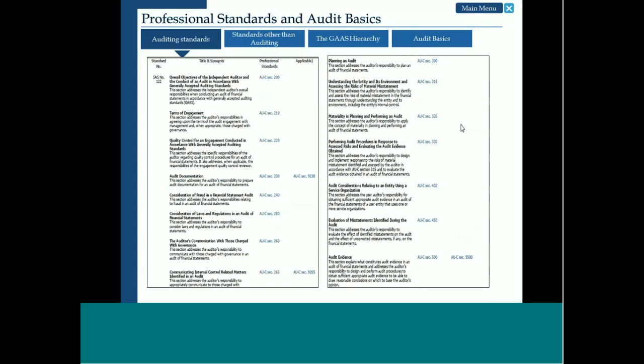This is how it would be available on your AICPA site. You can get all the auditing standards from the AICPA board. It is freely available, so you can download it. They have already cross-referenced old SAS with new SAS.